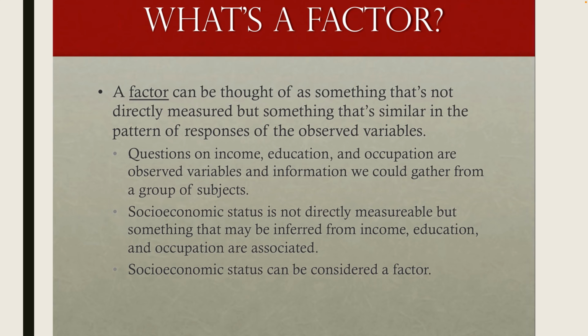And the example I'll give there, I think, is a really good one. Questions on income, education, occupation are things that we could gather on a group of students or subjects. And socioeconomic status could be something that is considered a factor of those three observed variables.